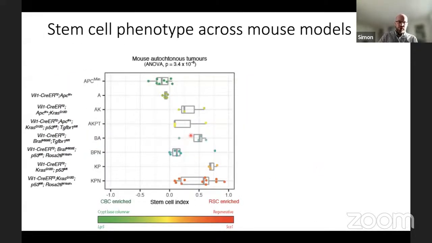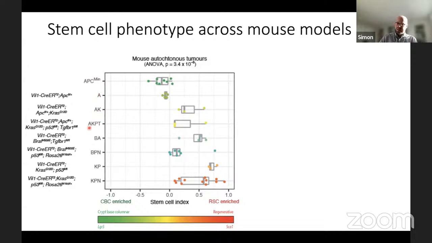So what we did was then take our stem cell index, convert it to a mouse stem cell index, so similar genes, but just converted for mouse, and then look across the mouse phenotypes. Again, I'll go through some of these genotypes. We've got the APC-min model. We've got an APC completely floxed.